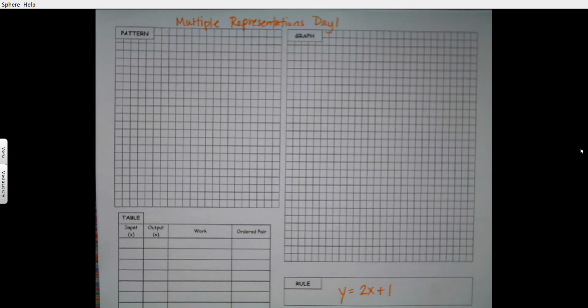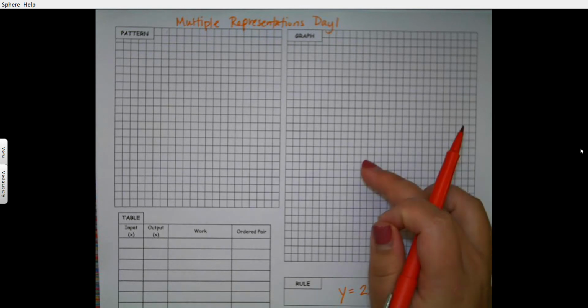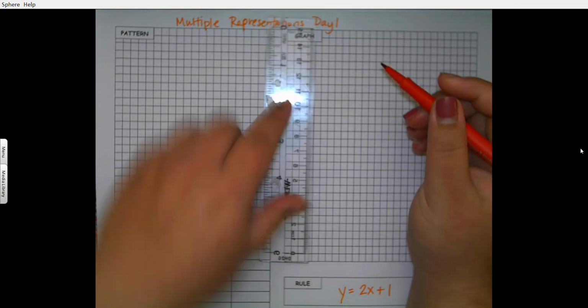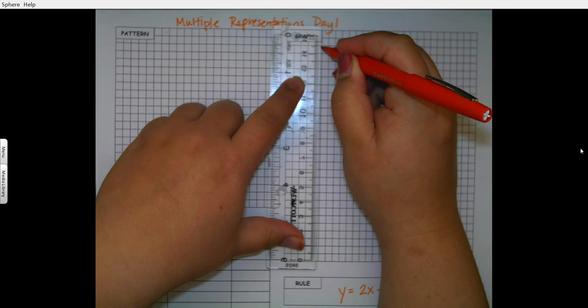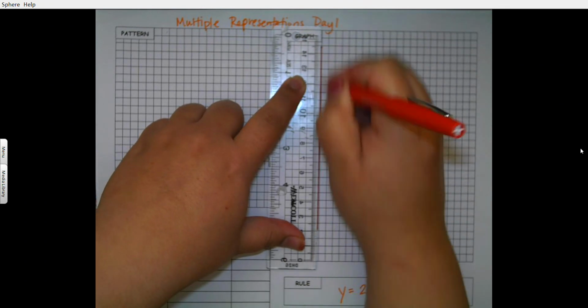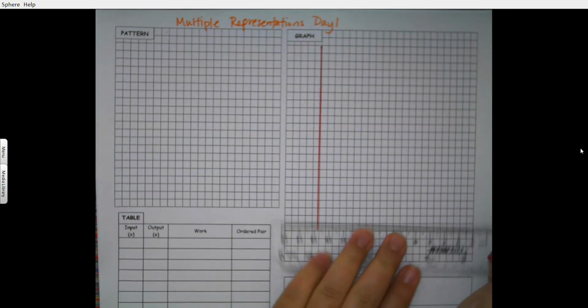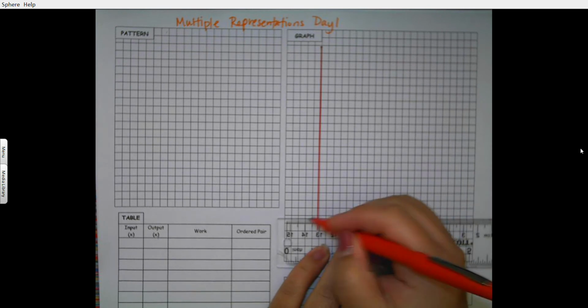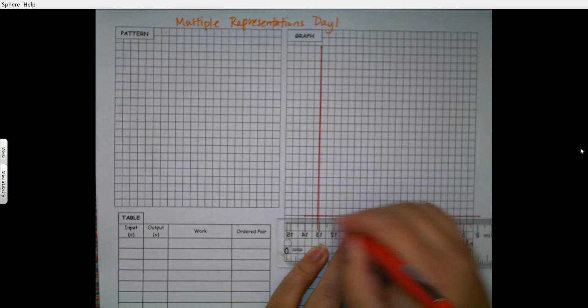Day 1, I gave you the rule and we need to graph it, make a table, and then do a pattern. If we go from rule to graph first, I'm going to create my XY axis here, and then I am graphing using the slope and y-intercept.